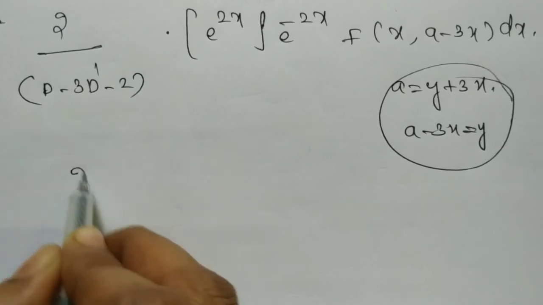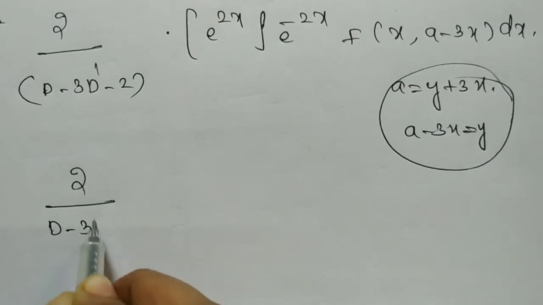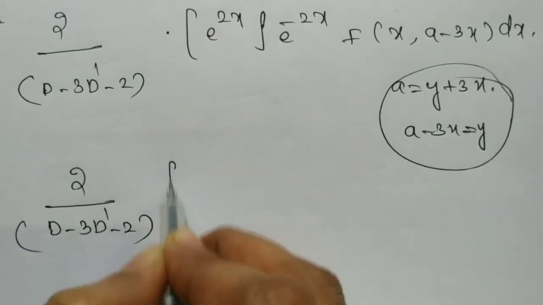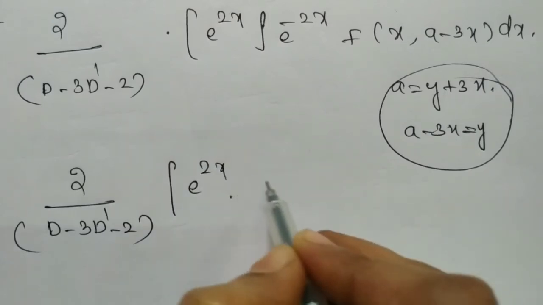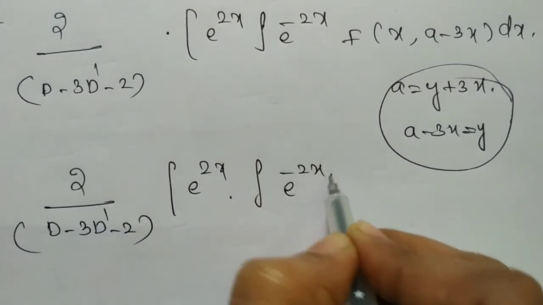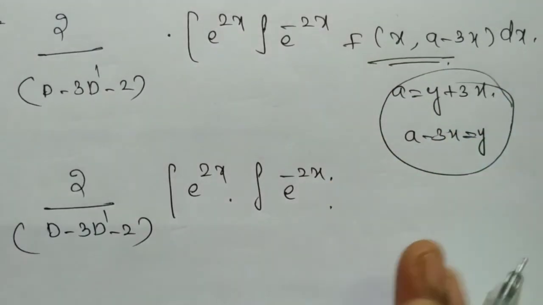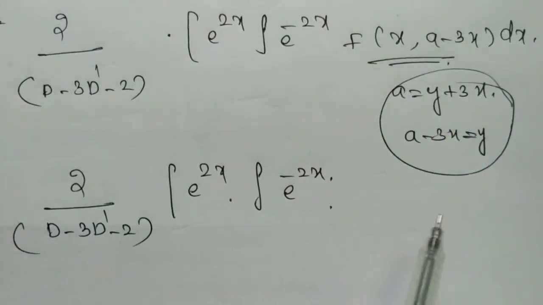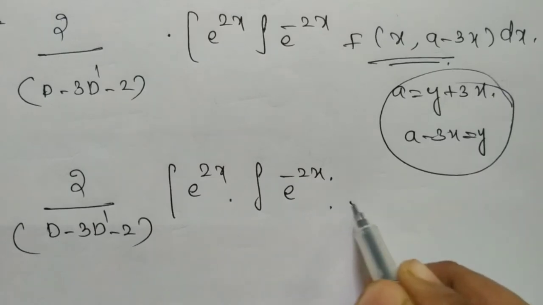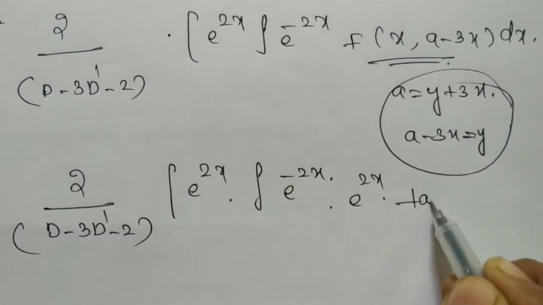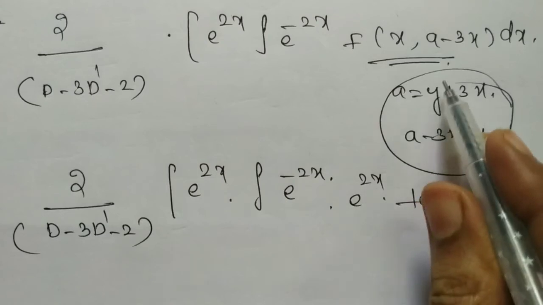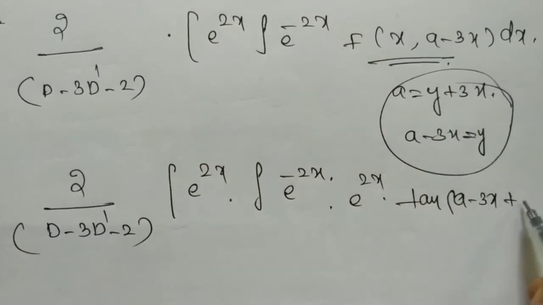So 2 by D minus 3D dash minus 2 into e power 2x into integration of e power minus 2x. So here f of x comma y function, that is e power 2x into tan of y plus 3x, where y equal to a minus 3x plus 3x, into dx.